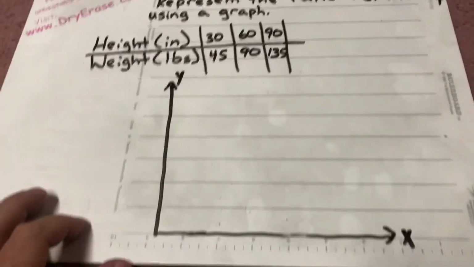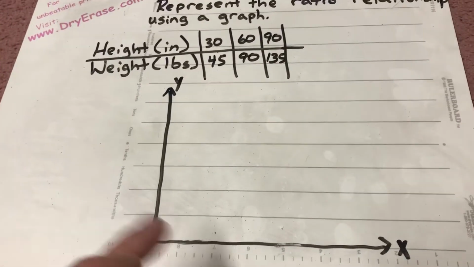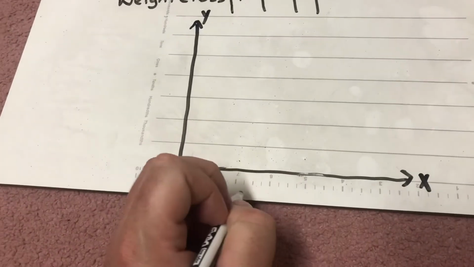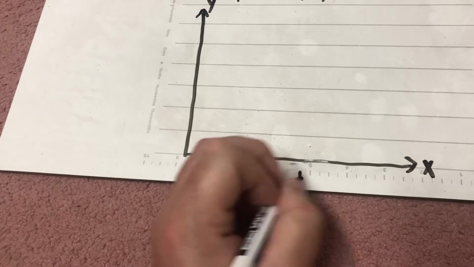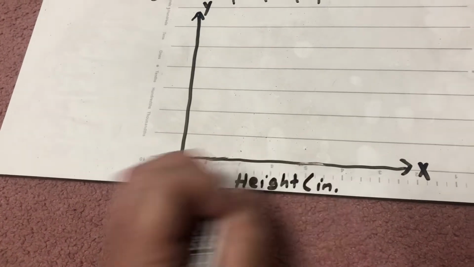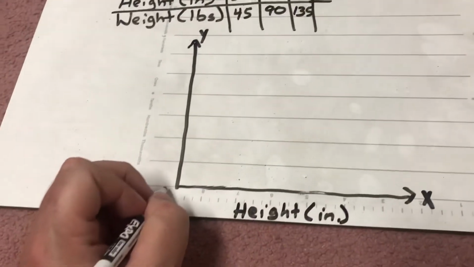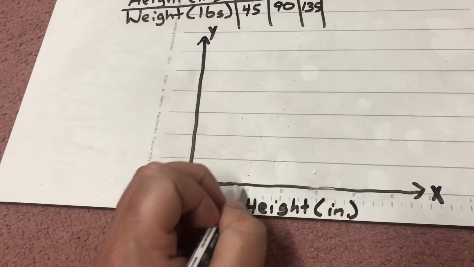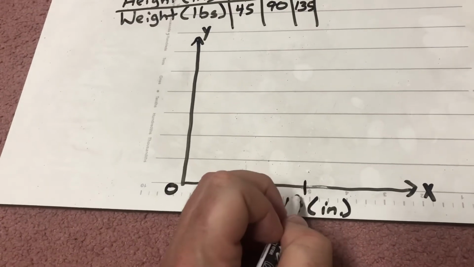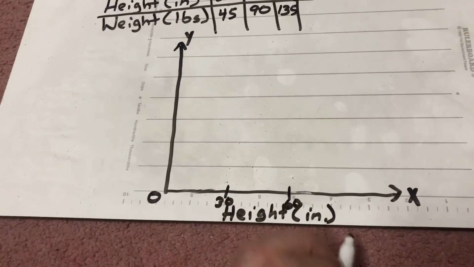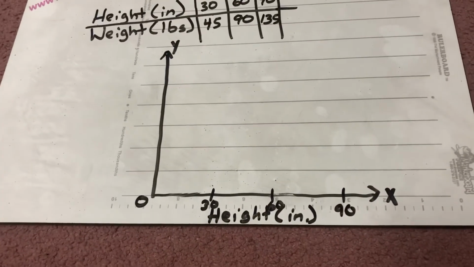And then I'm going to see my first number, and I'm going to use that as my x-axis, which is going to be height in inches. I can see there I've got 30, 60, 90, so I'm going to have 0. I'm going to make that 30, I'm going to make that 60, I'm going to make that 90, pretty evenly spaced.